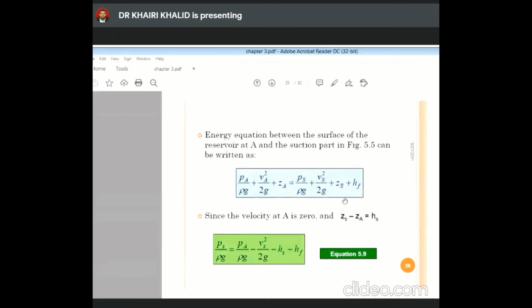So again, what we have is Zs plus hf. Since the velocity at A is 0, and Zs minus Za with Hfs, head of suction, we put it back in the equation and we will gain this formula.